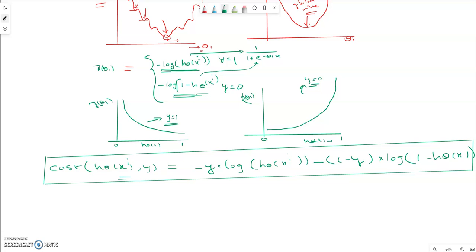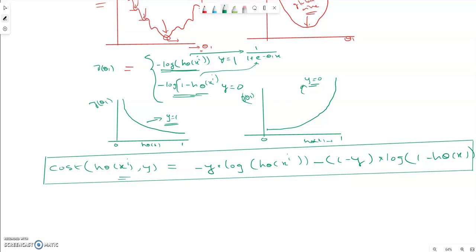Now what I'm trying to do here is apply a gradient descent algorithm for this equation. Now the question arises, how do we reduce this cost value? That's why we are using gradient descent. The main goal of gradient descent is to minimize the cost value, that means it minimizes the cost function.